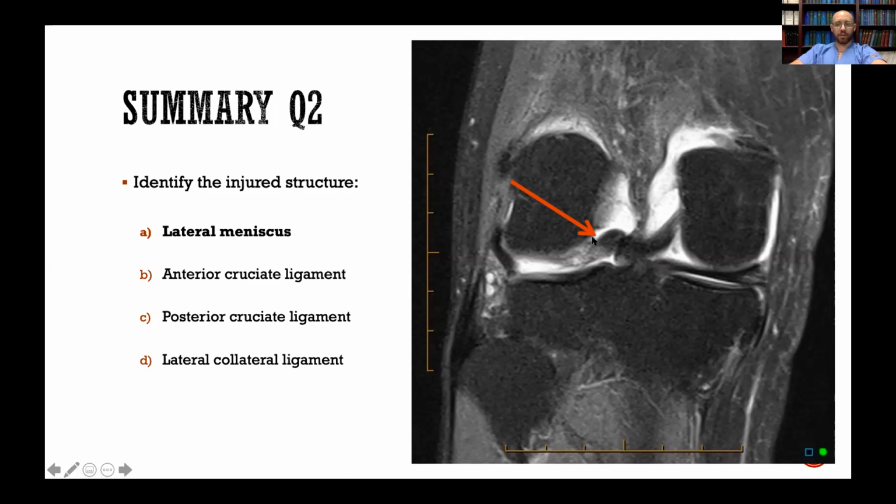What tricked most people is that this was a good reference that this is the lateral condyle, and so the ACL should be coming in this kind of orientation. But as Jeff said, it's flipped up, so it was a tricky question.